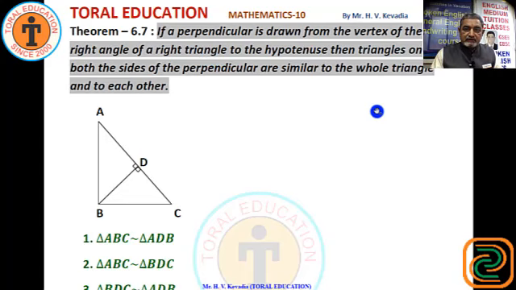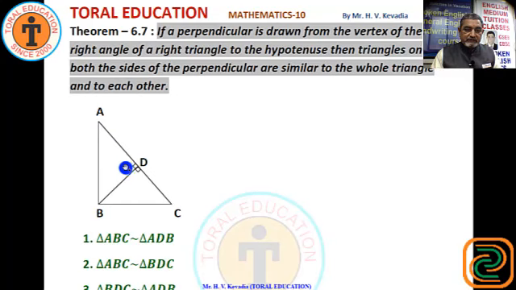AC is the hypotenuse. Then the triangles on both the sides of the perpendicular, this triangle ABD and BDC, are similar to the whole triangle and to each other. This ABC is the whole triangle.